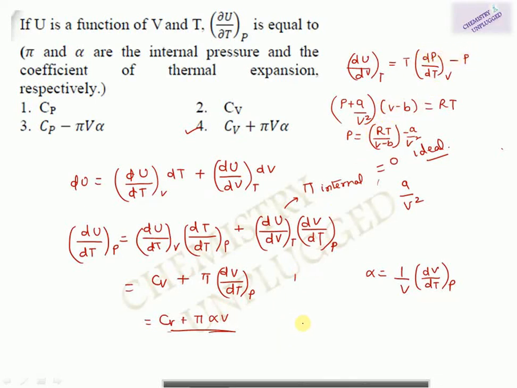We will first differentiate it with respect to T. So this term will become 0, and we have only R over V minus b, and here we have RT over V minus b plus this minus, and this minus will become plus A over V square. When you multiply it here, these two terms cancel out, and we have A over V square. So the value of internal pressure is A over V square for real gases and 0 for ideal gases.